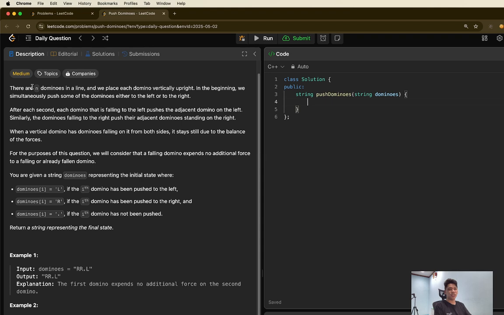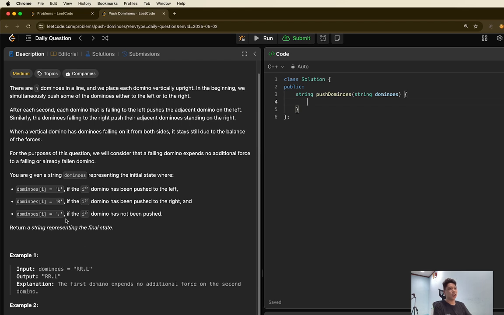We get n dominoes in a line and replace each domino by a particle. Okay, like this, and we simultaneously push one of these dominoes either to the left or right. That means the problem input is the state of which dominoes have been pushed to the left or the right, like this.